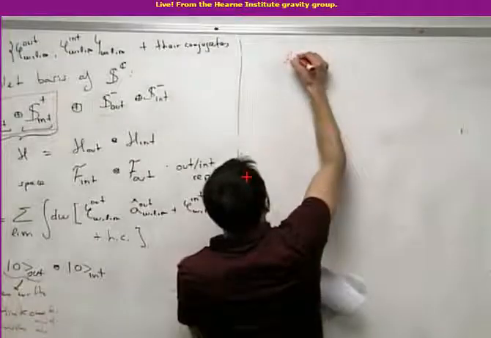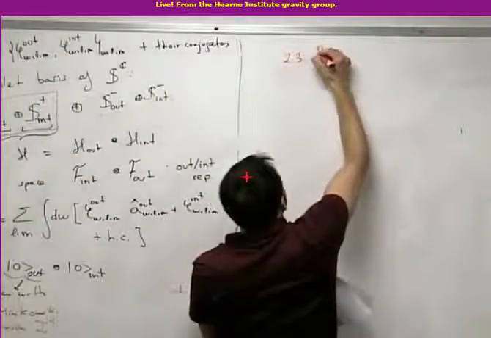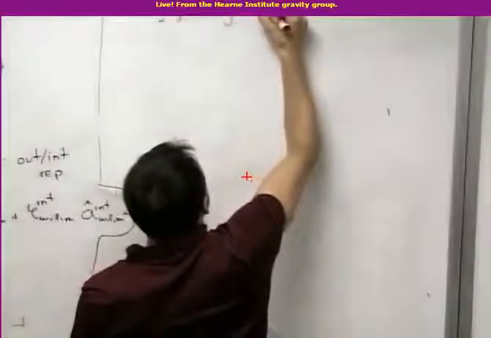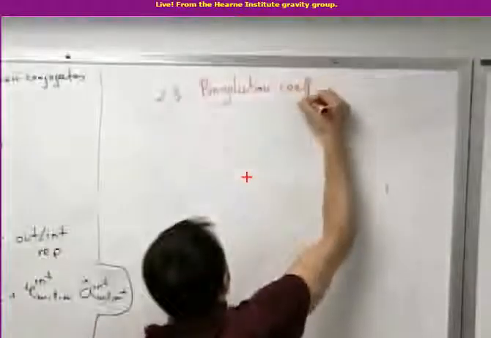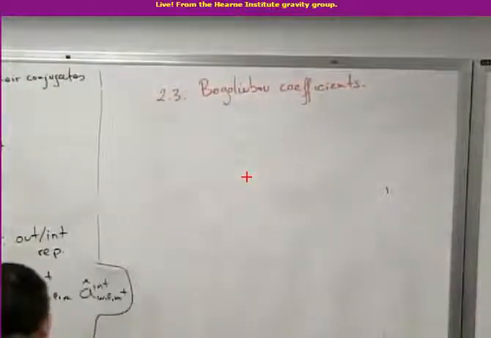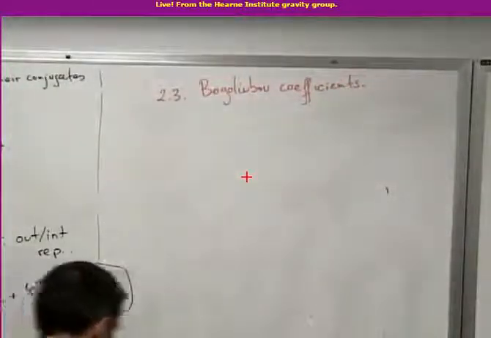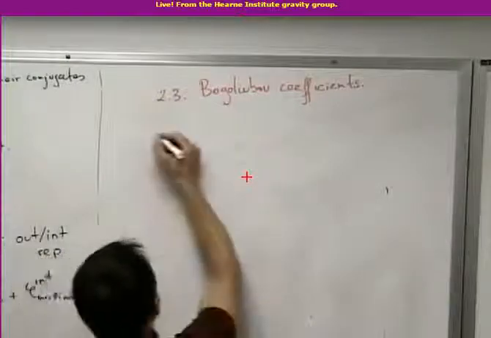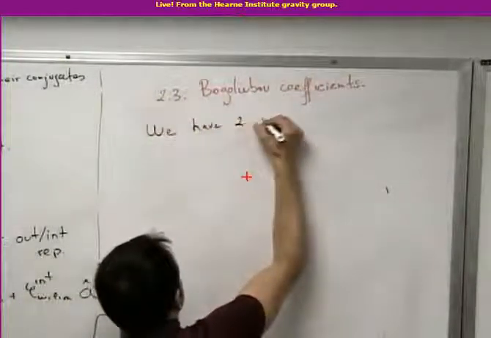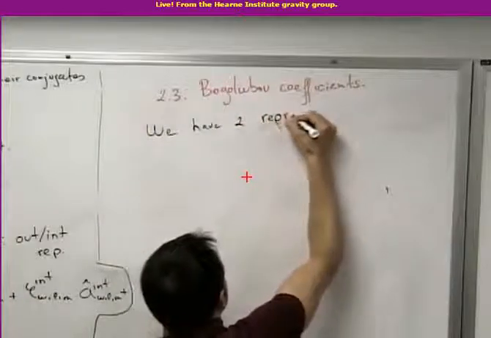So let me go to the third part of this section, which is to compute the Bogoliubov coefficients. Now remember, we have two representations for the quantum theory.